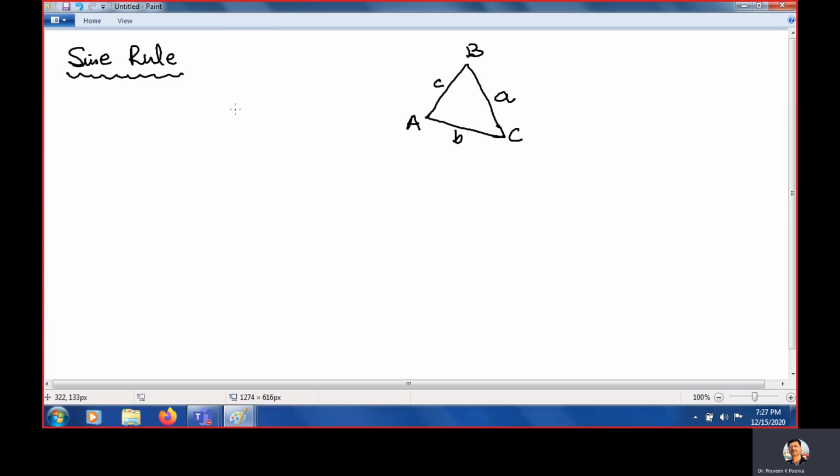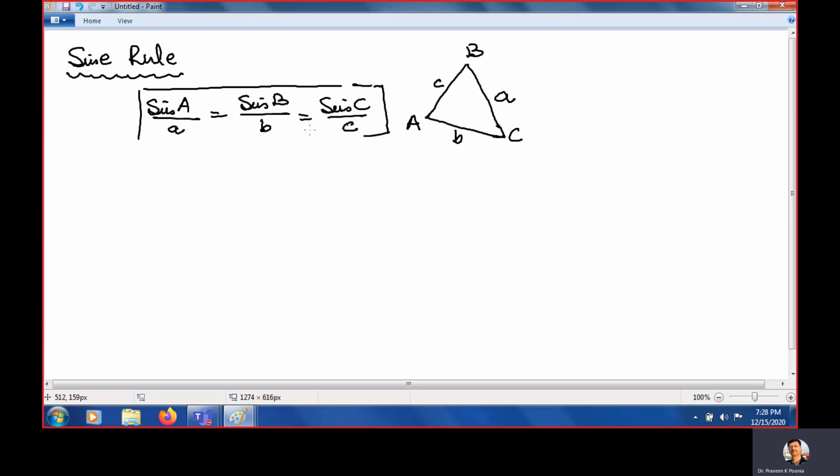Clear? Then the law of sines states that sine capital A upon small a is equal to sine capital B upon small b is equal to sine capital C upon small c. This is called the sine rule.